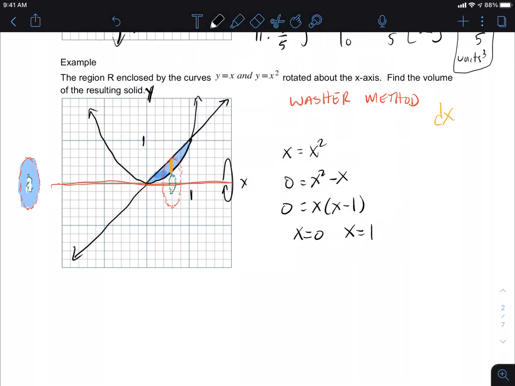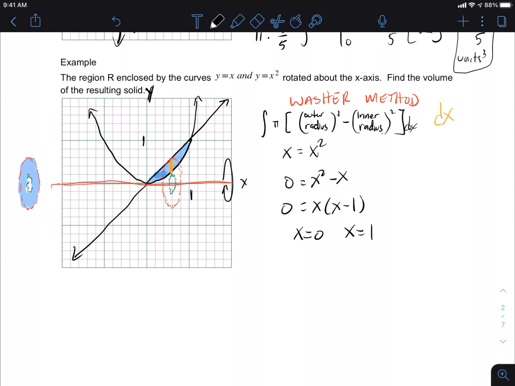The formula ends up being the integral of pi times the outer radius squared minus the inner radius squared dx.